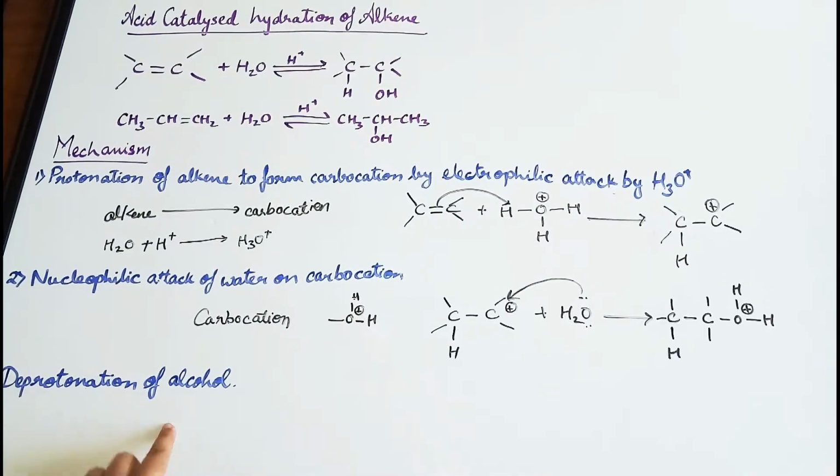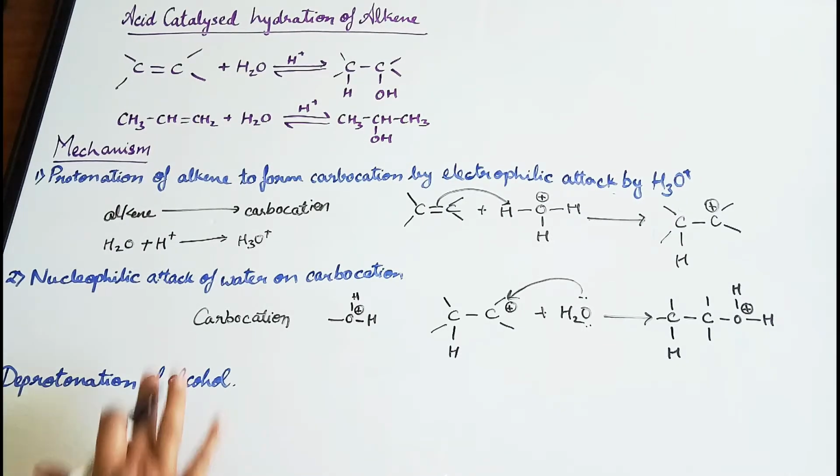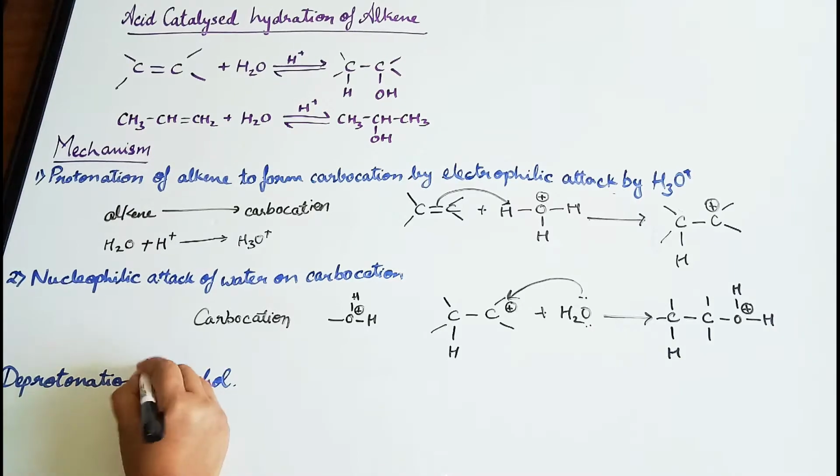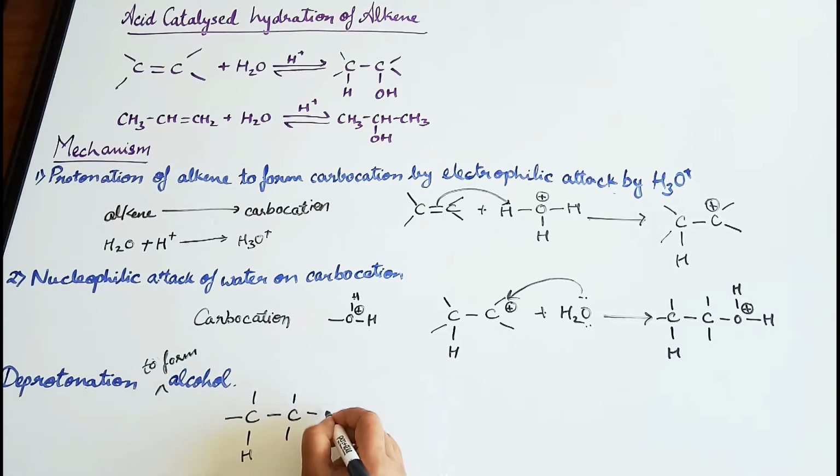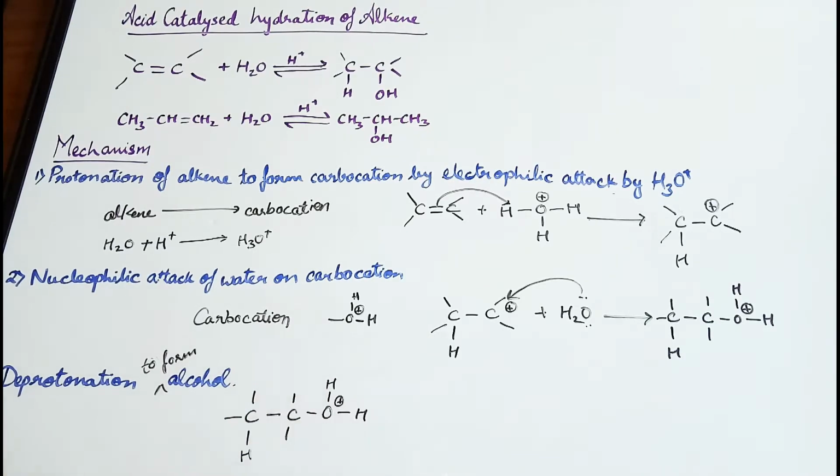So the last step is deprotonation of the alcohol. Deprotonation to form alcohol. So that particular molecule is undergoing deprotonation, which means loss of hydrogen atom, and so the oxygen atom has a positive charge.